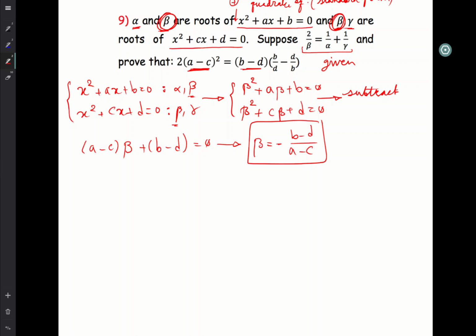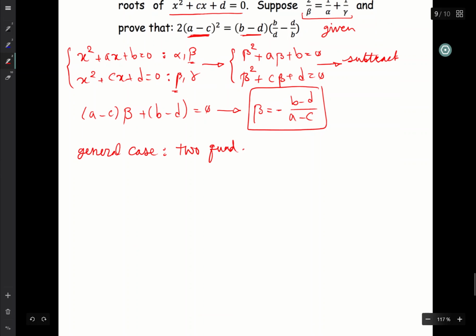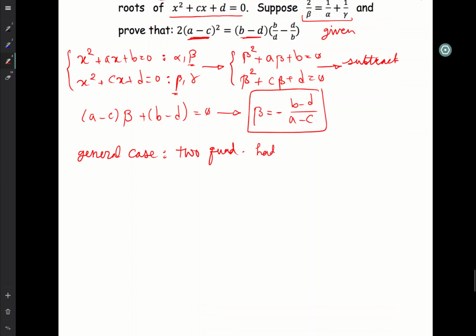But we already expected that. Remember, in the general case, if we had two quadratic equations that had just one root in common, and we called it t, then t was the difference of the products over the difference of the sums, p minus p prime over s prime minus s.